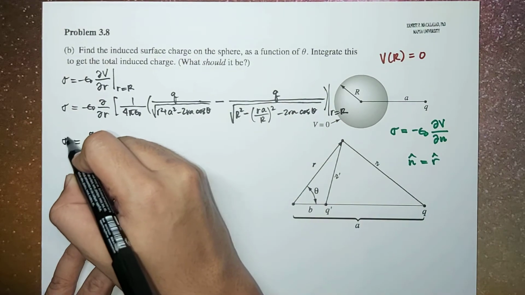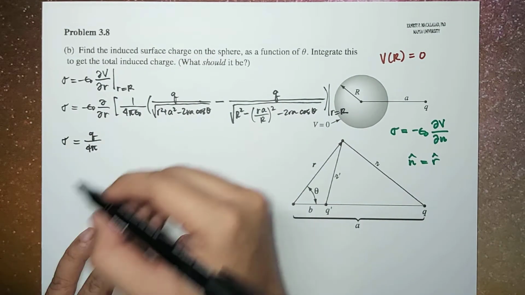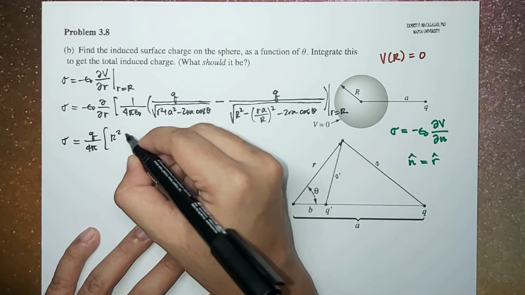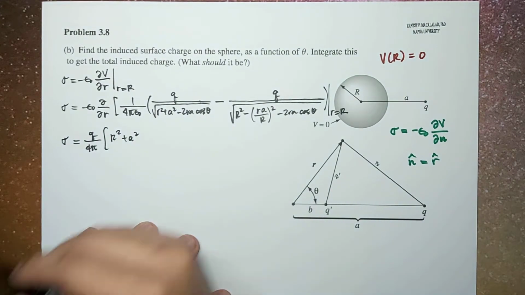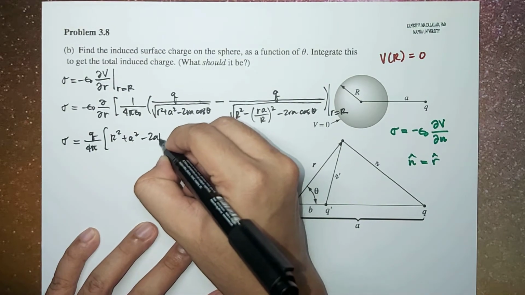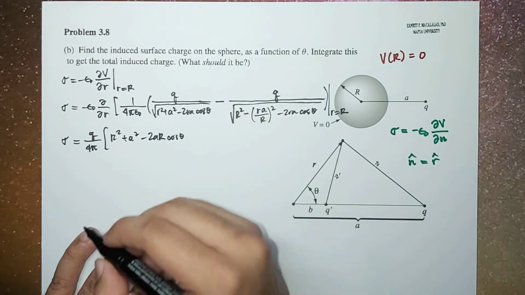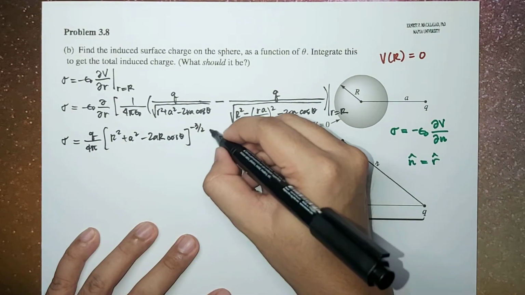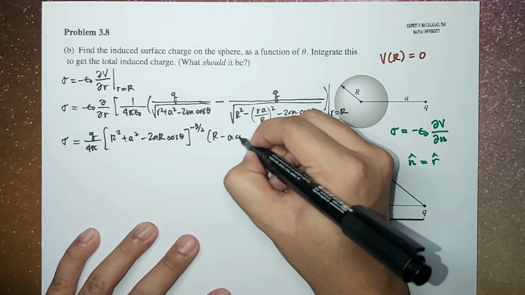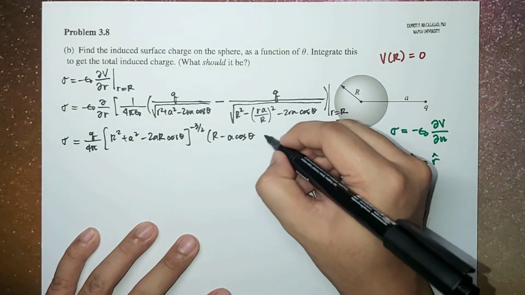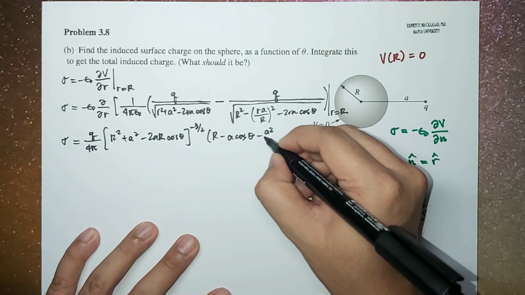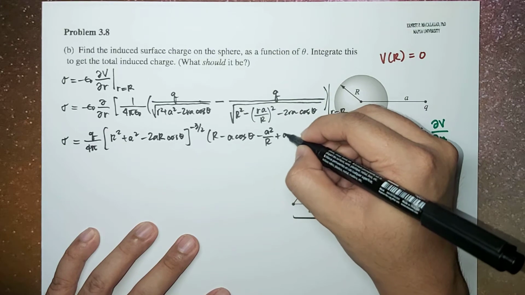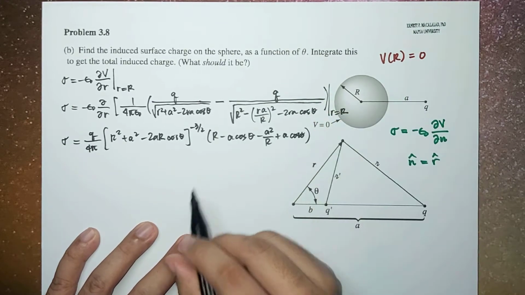The sigma will now be equal to q over 4 pi times R squared plus a squared minus 2aR cosine theta to the negative 3 halves times R minus a cosine theta minus a squared over R plus a cosine theta.